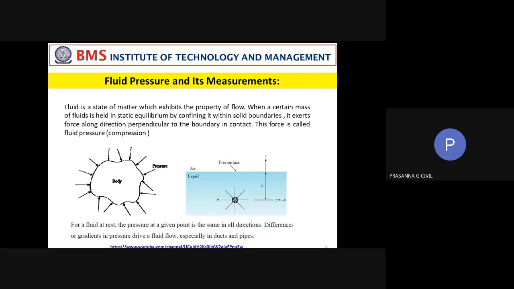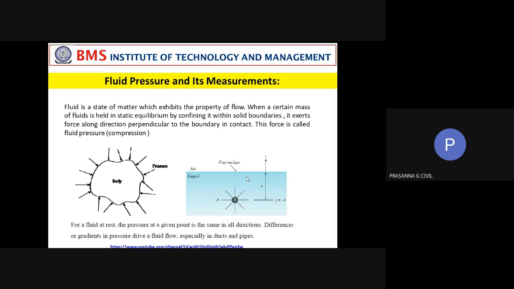This portion is about how pressure in fluids is measured. There are certain definitions and certain equations which we need to do.